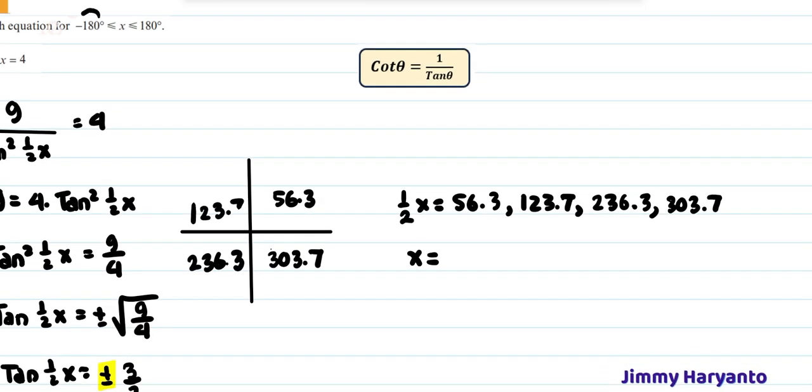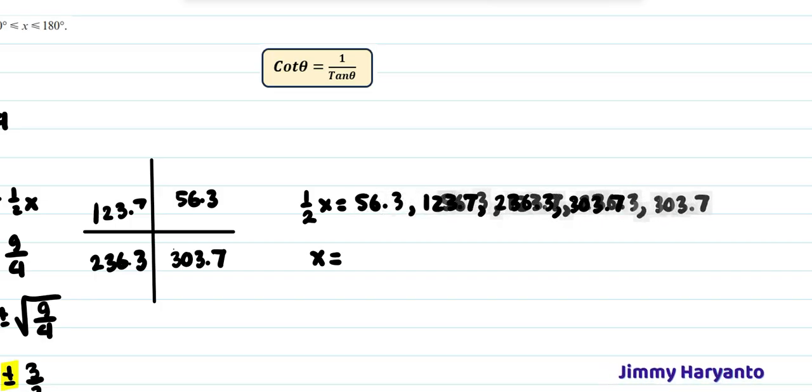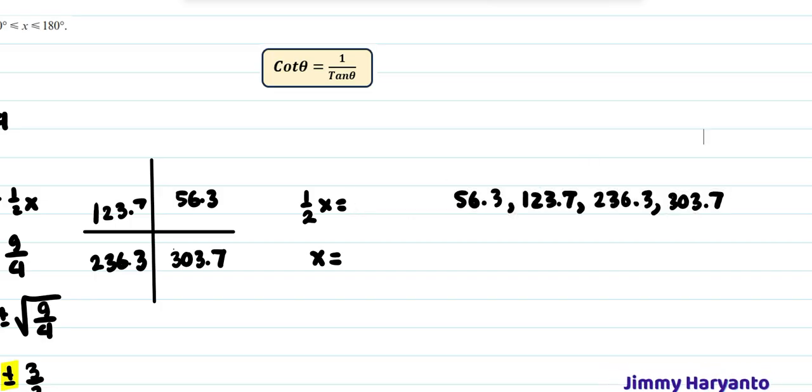we have a negative interval right there. That means we will need the negative values. To find the negative ones, you only have to subtract this set of numbers with 360. So I will subtract them all. Wait.